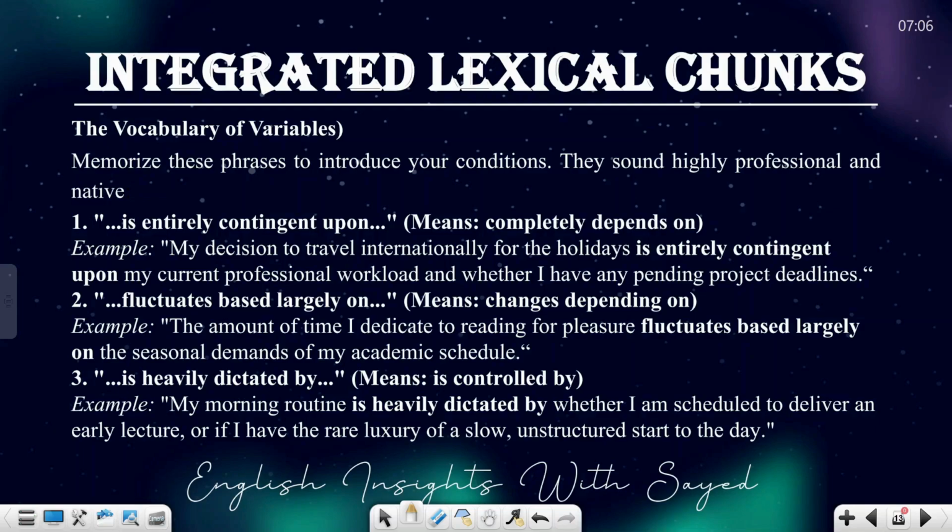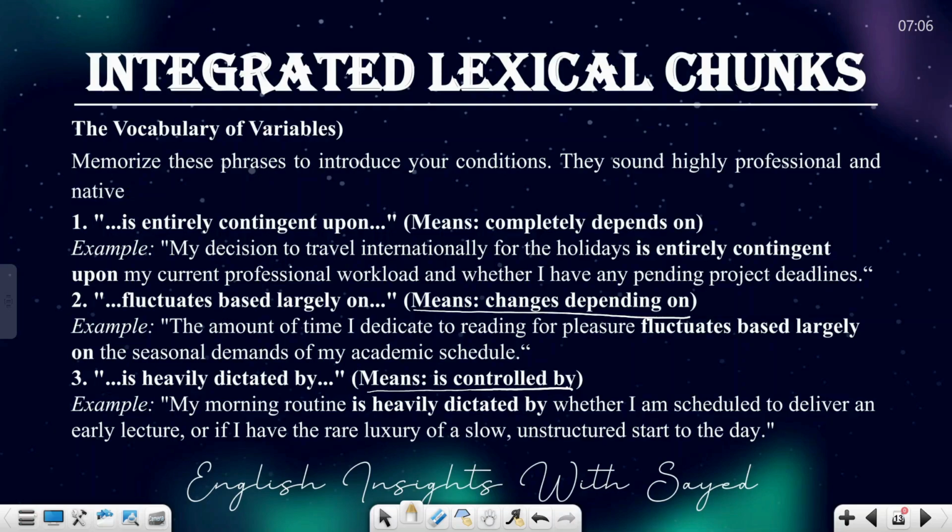Another way we could say this is "heavily dictated by", that means is controlled by. I have given the meaning here. You could see in the bracket the meaning, so you will understand this phrase.